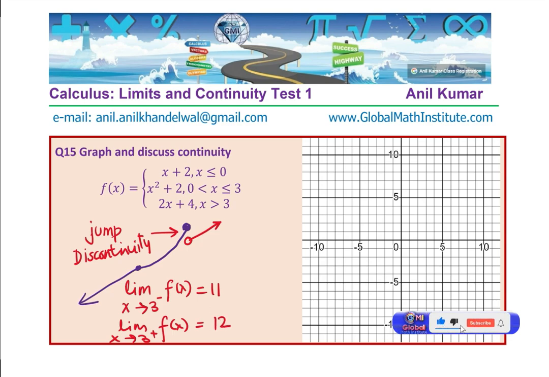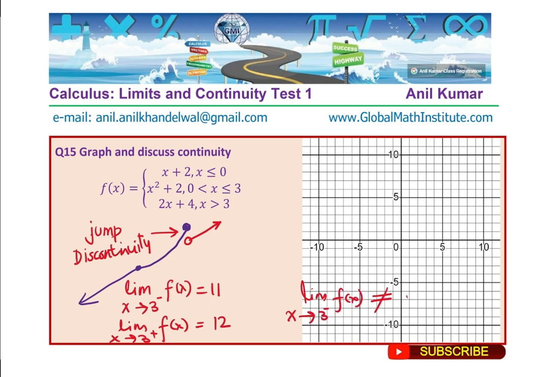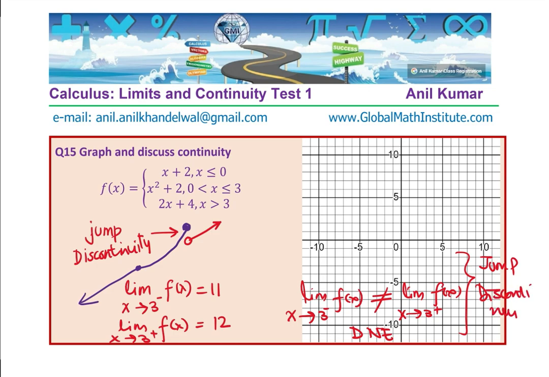Since the limit from the left side, 3 minus, is not equal to the limit as the function approaches 3 from the right hand side, the limit does not exist. Now, for a function to be continuous, what is important? So this is the reason we have a jump discontinuity. I hope this concept is clear.